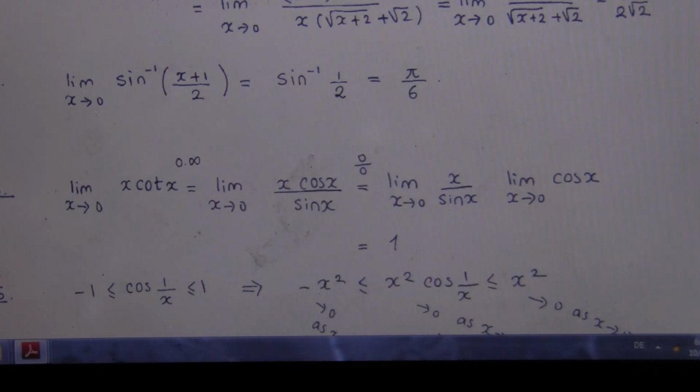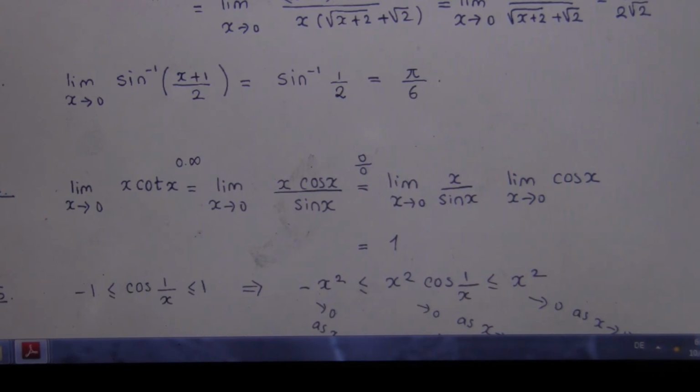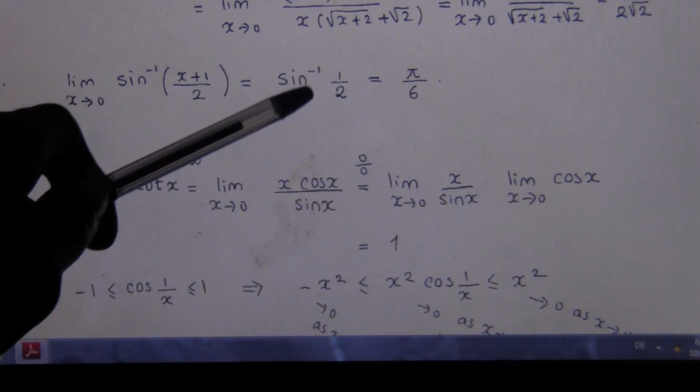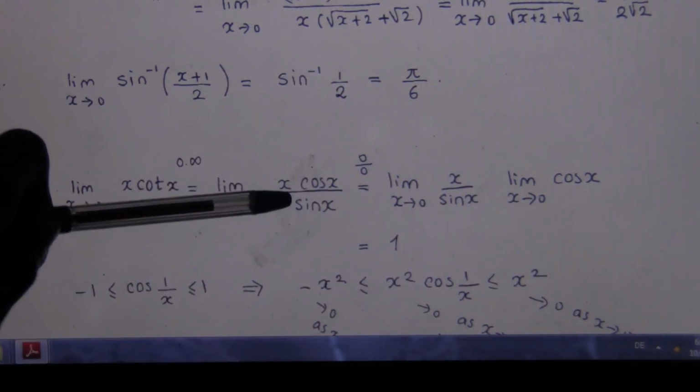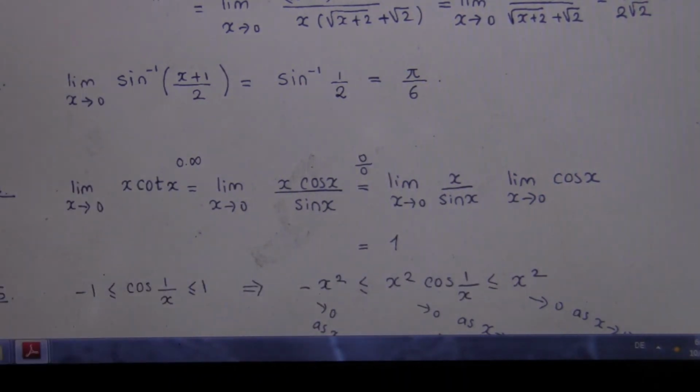X over sine x as x goes to 0 is 1, and sine x over x as x goes to 0 is also 1. So you could have still forced a rearrangement and got the same thing. But they didn't even go through all that. They just split it like this and got the 1.